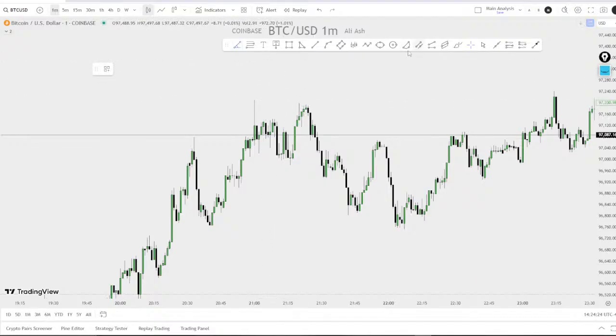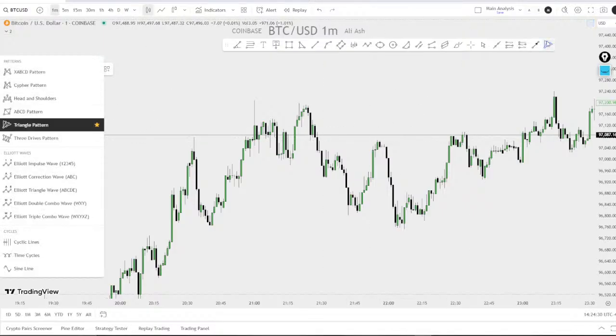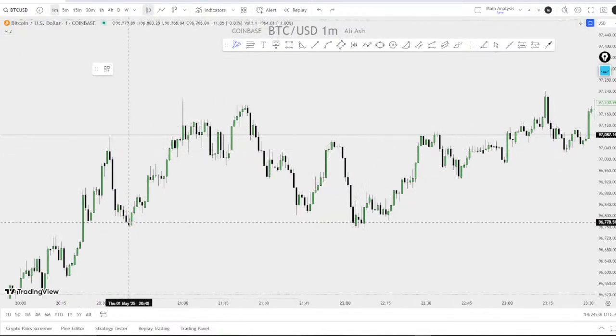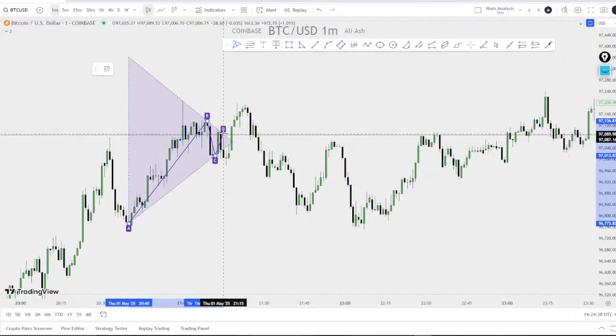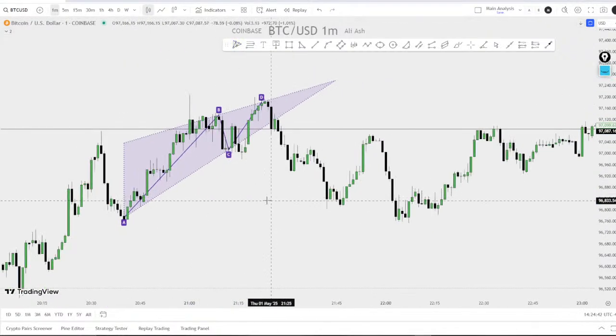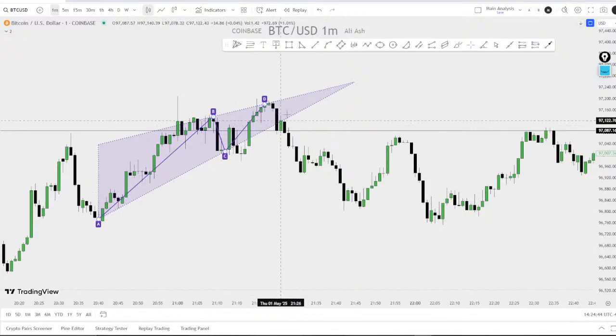Let's try this one. Okay. So again, we can see an end pattern here.